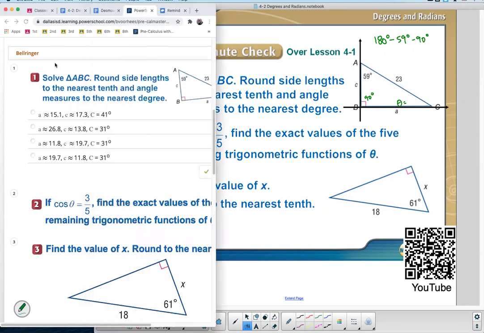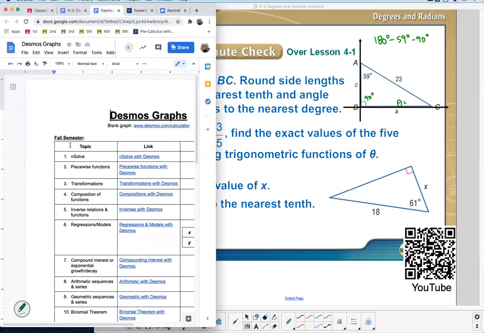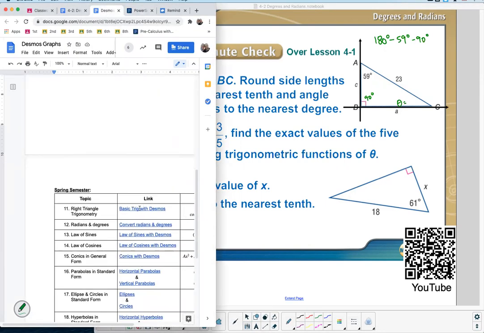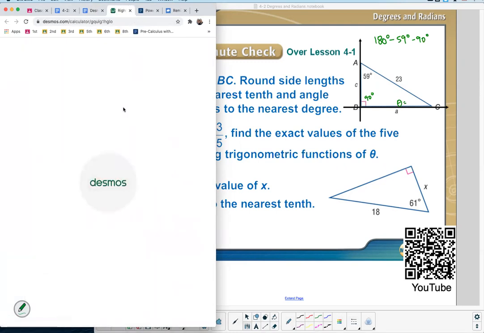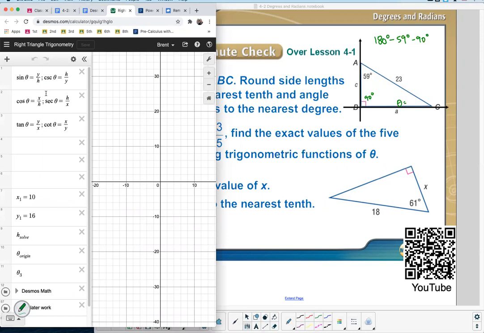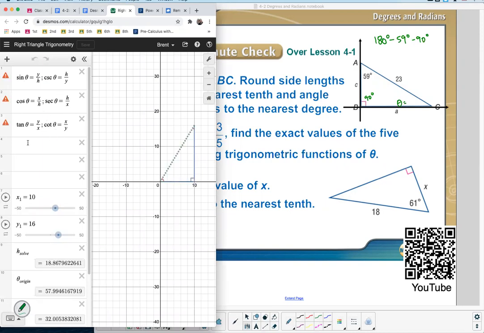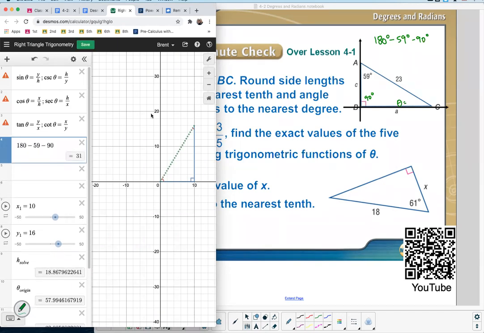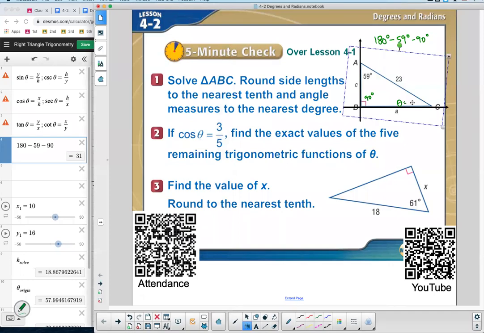And I'm just going to open up over here on my Desmos. I'm going to go to the spring semester, and I'm going to open up the right triangle trigonometry link. And so here are my 6 trig functions, but right now I just want to do this math. So I'm going to say 180 minus 59 minus the 90, that is 31 degrees. So that's the theta I'm going to be using the rest of the way to solve. I'm going to say this is 31 degrees.